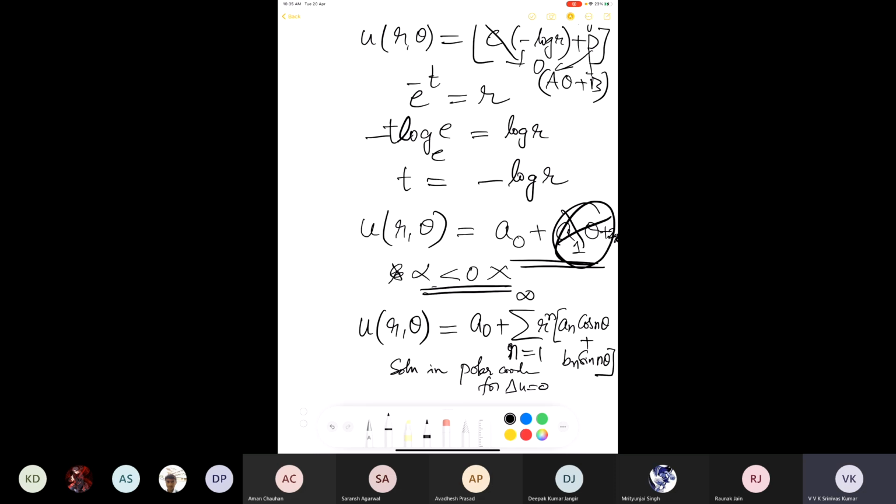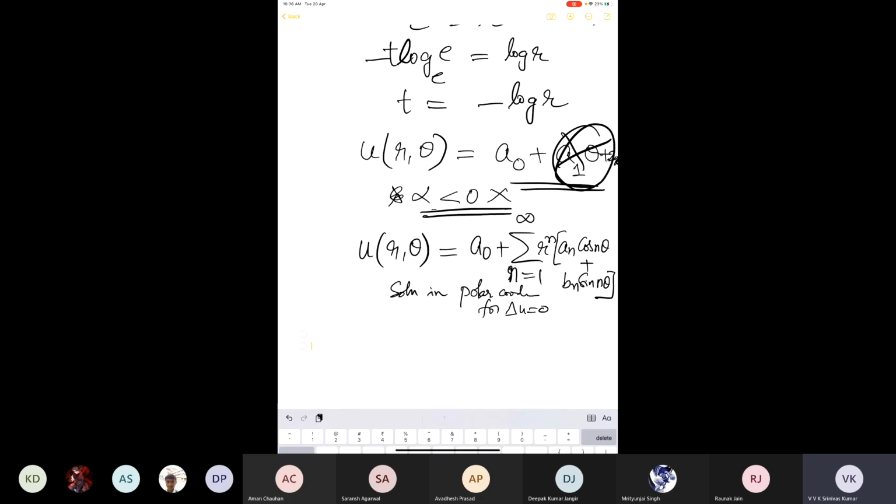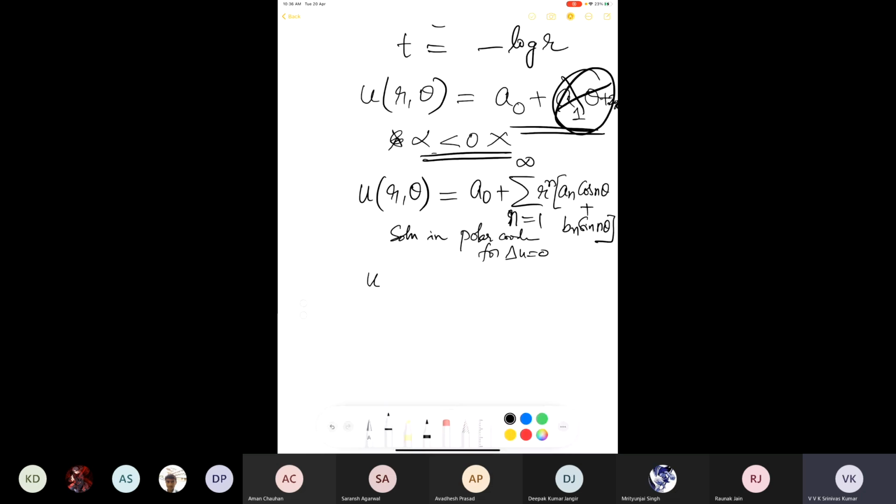Here we have the solution. What is the boundary condition here? What is the solution at the boundary? So substitute here. What is the Robin boundary condition?